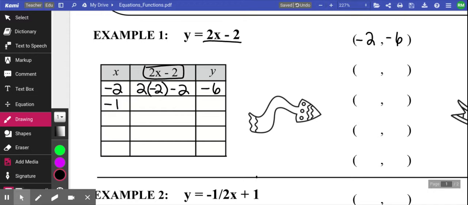So we need to input -1 into our function. So 2 times -1 minus 2. What is 2 times -1? -2 minus 2? -4. Good. So our ordered pair would be when we plug in -1, we get out -4.